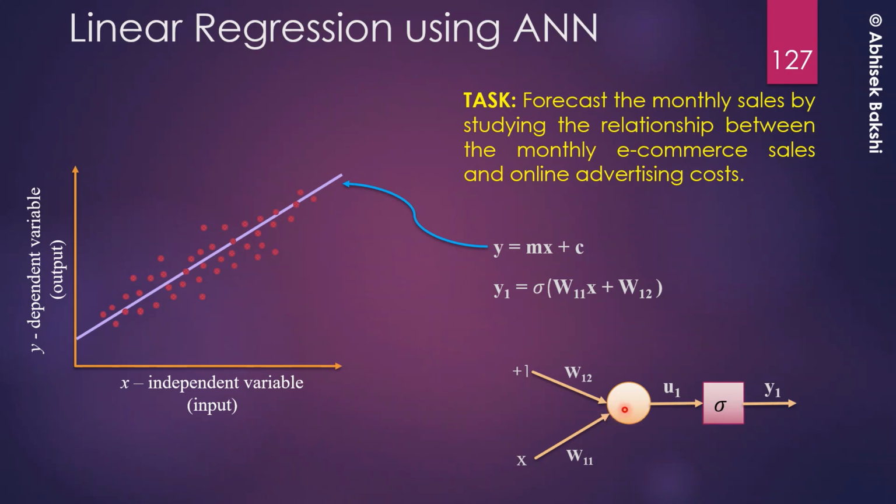You have a summer that sums up w12 into +1 plus w11 into x, like this. And we will have some activation function here. That activation function can be a sigmoid function, signum function, tan hyperbolic function, or any function. And based on that, we will get some output.